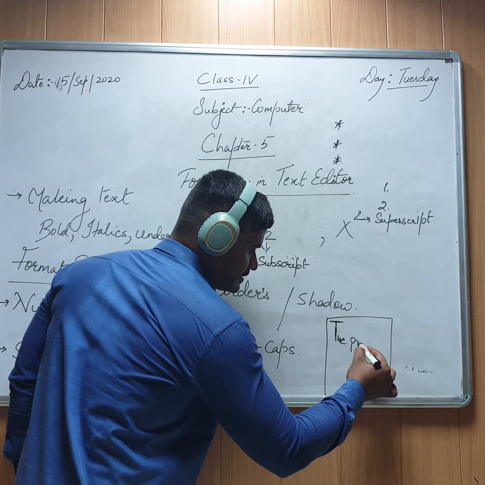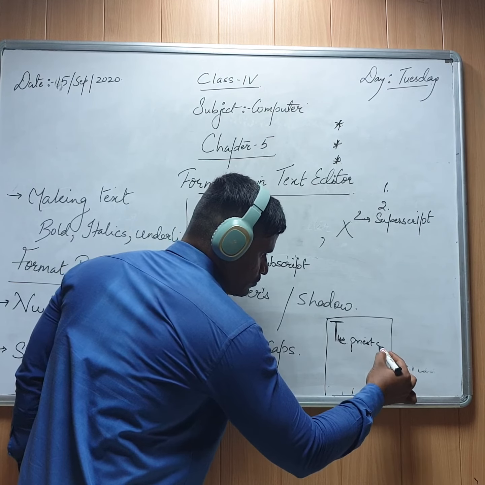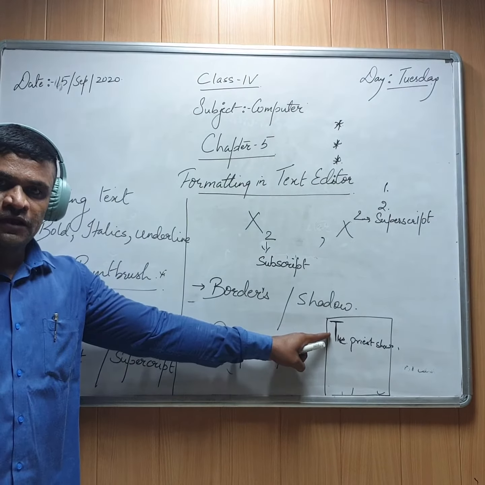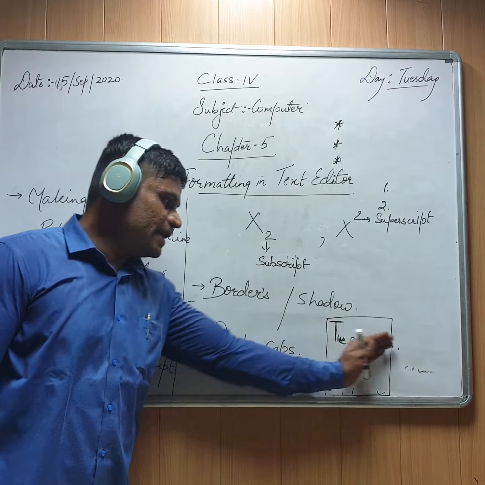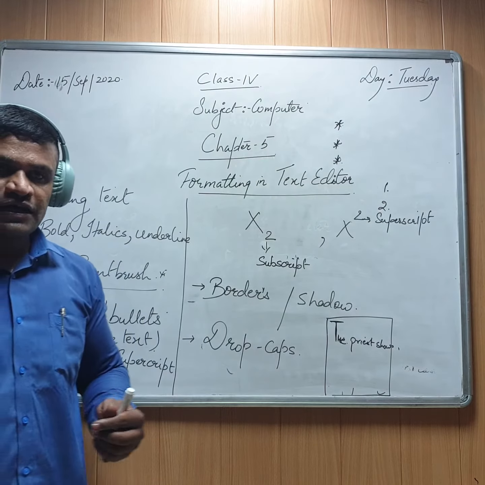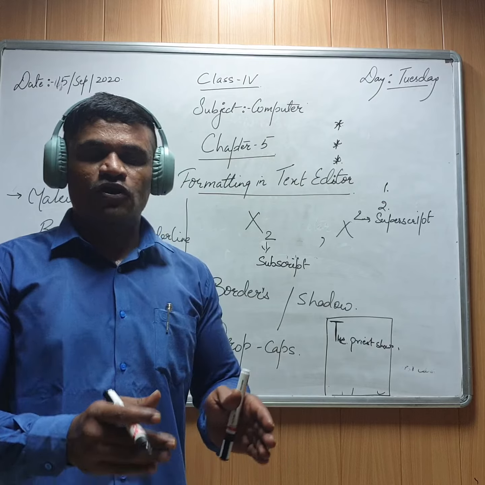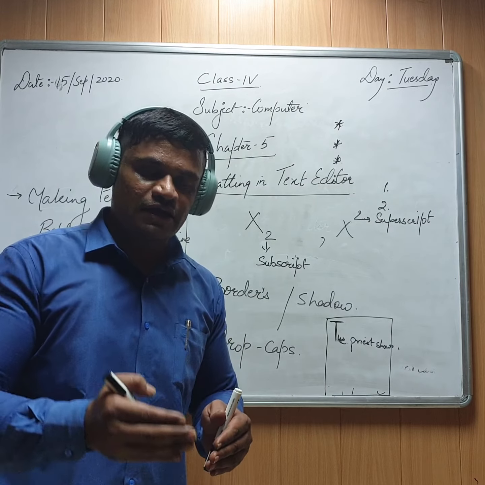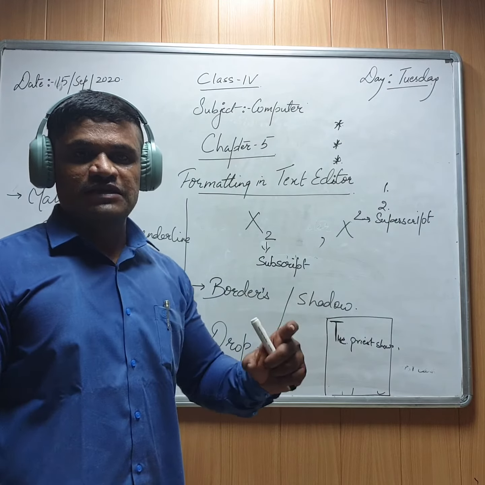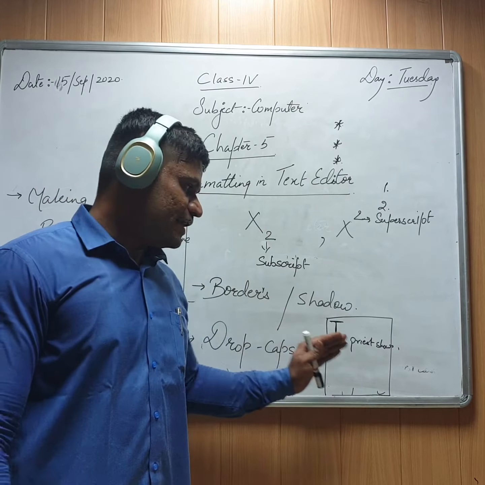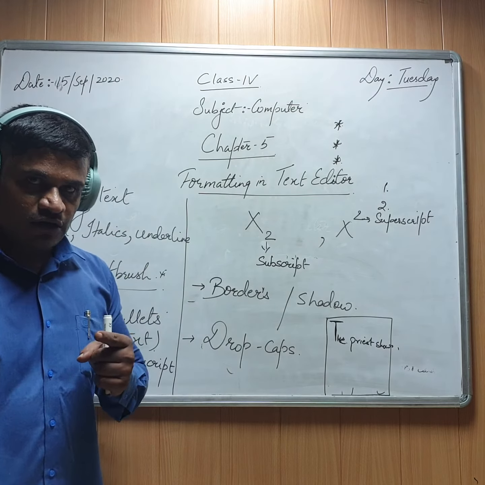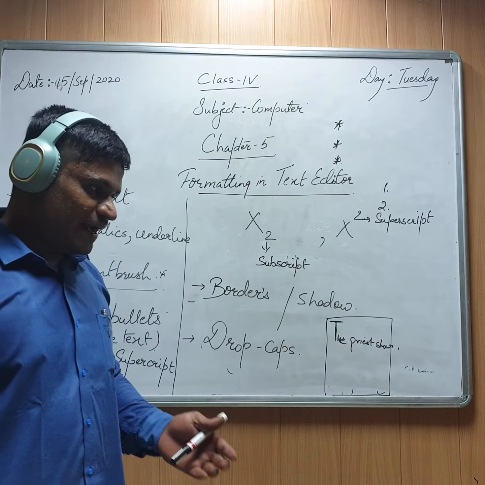The priest shone. So the first letter is very much bigger in comparison to the other letters. This is the drop cap. This shows that the article or the paragraph or the required details on the topic start from here. So the first letter is very, very big and the rest in normal size. You have seen this in your storybooks, in many magazines also.